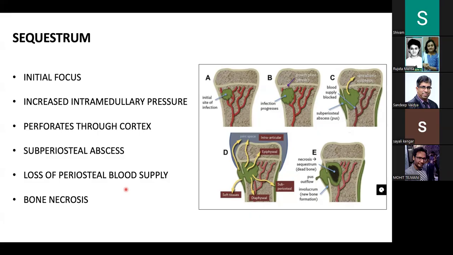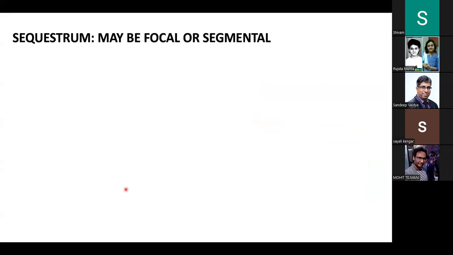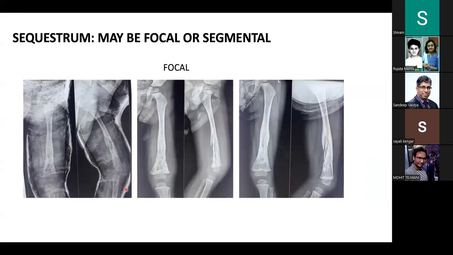So there is a loss of periosteal blood supply. And the endosteal blood supply is already damaged because of the intramedullary infection. Additionally, the periosteal blood supply is also affected because of lifting off of the periosteum. And that's what leads to bone necrosis. That necrotic fragment of bone is called a sequestrum. So you have to be very clear about why a sequestrum is formed. That is something that can be asked to you in the exam.